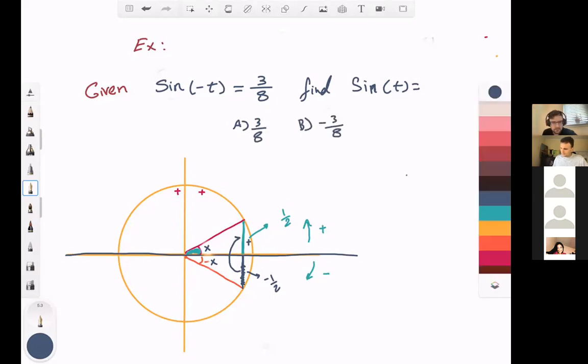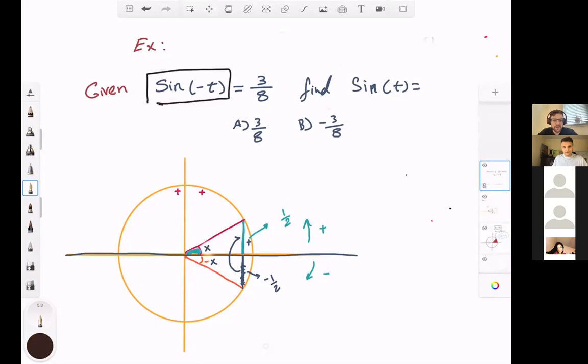Why did you pick negative 3/8? I mean, if you visualize it, we have sine of negative t. So we have negative, we're gonna go this direction, become positive. For example, it will land somewhere around here. Good. For example, this one.